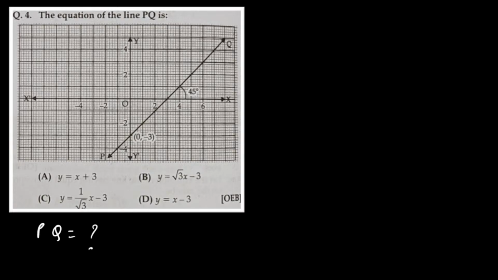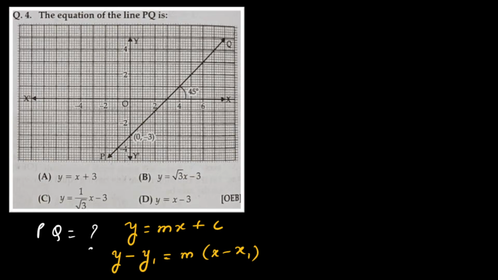Now, whenever we have to form an equation, these things should come into our mind. Forms of equation, I have told you: either we can use slope intercept form, which is y equals mx plus c, or we can use point form. Point form is when coordinates are given to us and we know the slope also. So y minus y1 equals m into x minus x1.